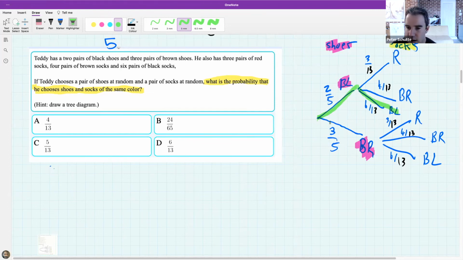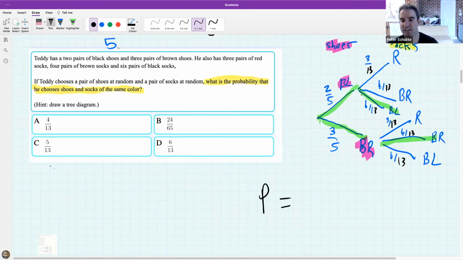And then the other one is going to be brown and brown. So now the question is, how do I get the probability of either of those two happening? I need to multiply along each branch. So the top branch would be that one. But now because I have 2 branches, I have to add them together.